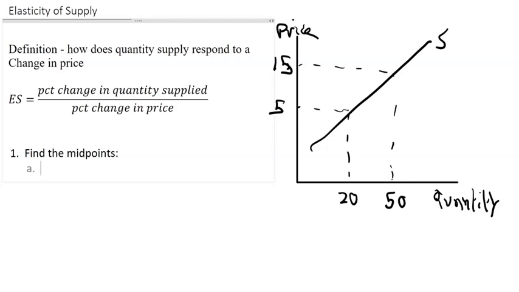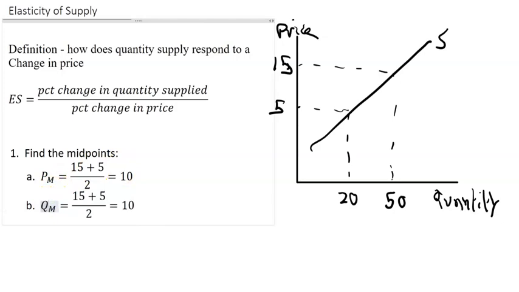So the midpoint equals 15 plus 5 divided by 2, which is going to be 10. And then we also have to find the midpoint of the quantity. So QM will be 20 plus 50 divided by 2, which is 70 divided by 2, or 35.